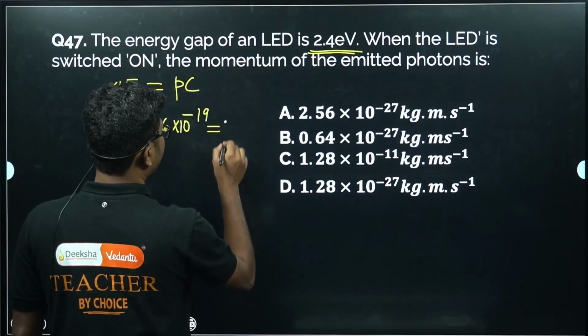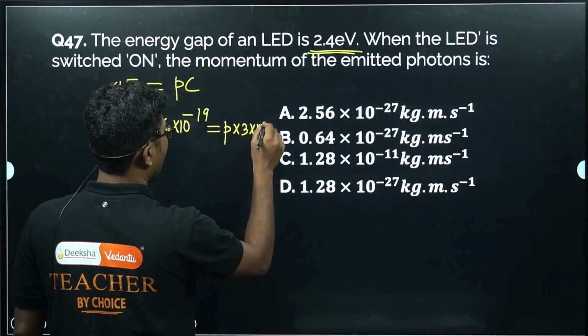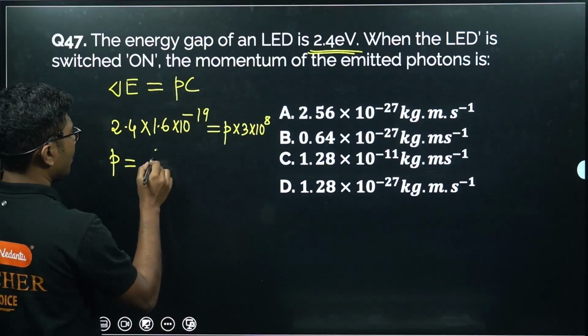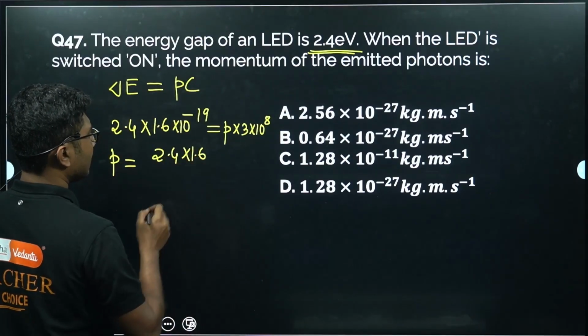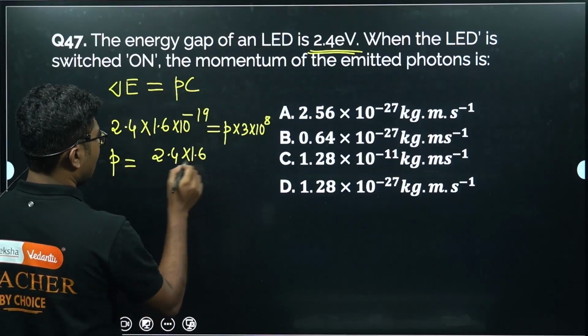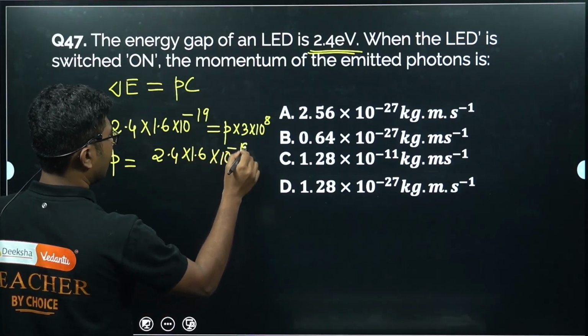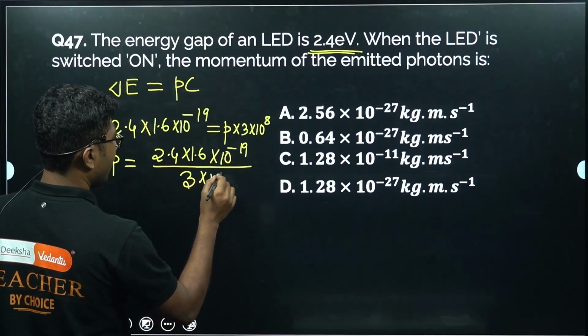Momentum P we are trying to find, C we know, 3 times 10 to the power of 8. So P is basically given by 2.4 times 1.6 times 10 to the power of minus 19 divided by 3 times 10 to the power of 8.